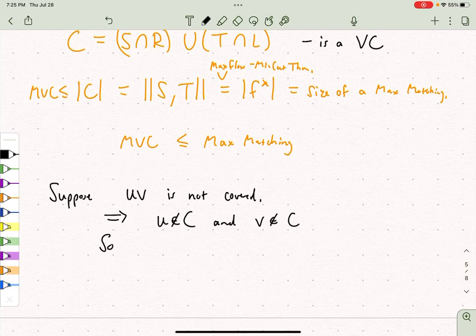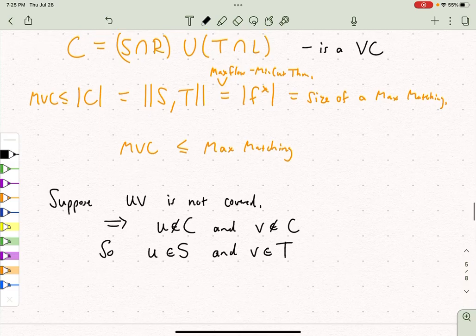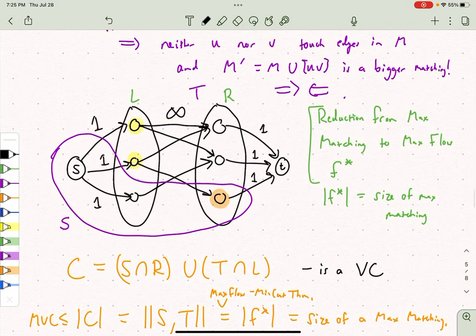So this implies that U must have been in S and V was in T. So to give you an example of what this would look like, we would need an edge like this, where, actually, there's already an example of that.